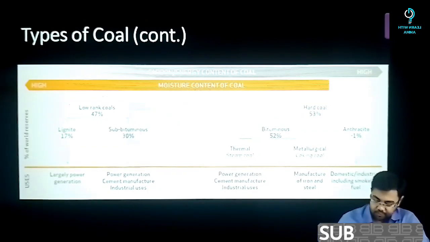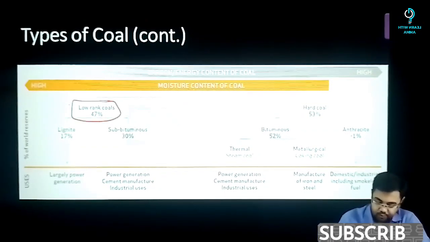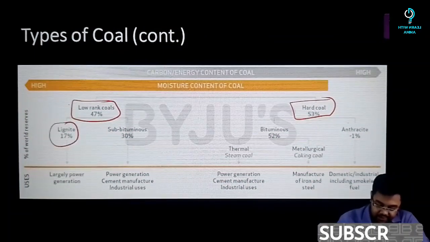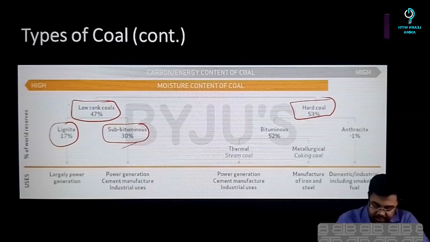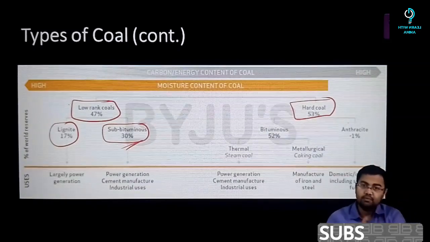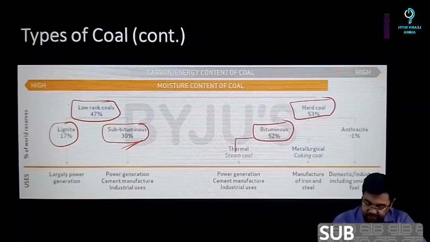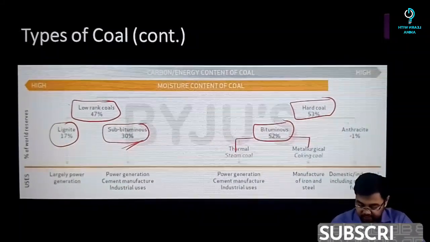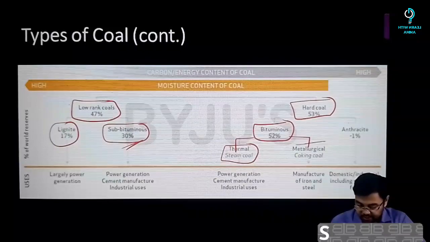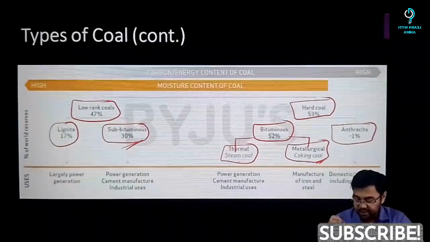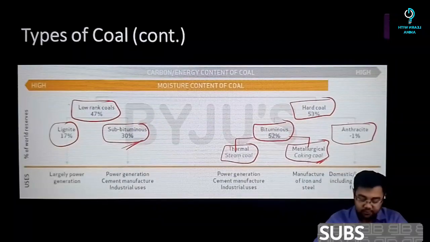So if we try to look at this part, you have low rank coal and you have hard coal. Under low rank coal you can have lignite and subbituminous. Subbituminous is basically between lignite and bituminous. Then bituminous can be used for two reasons, one as thermal coal and second for metallurgical purposes, which is coking coal, and finally you have anthracite, which is the best variant of coal.